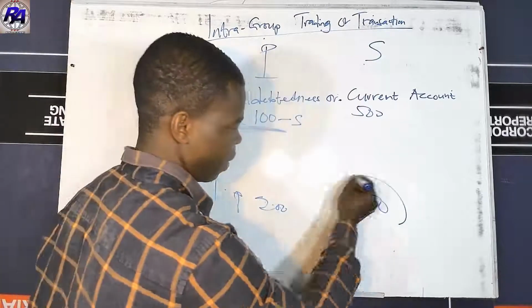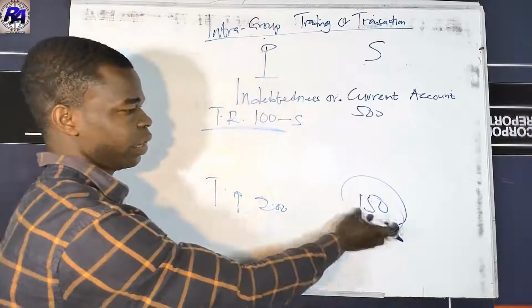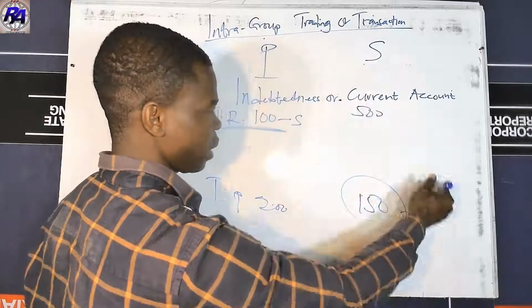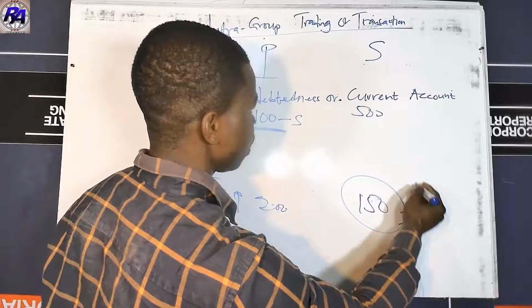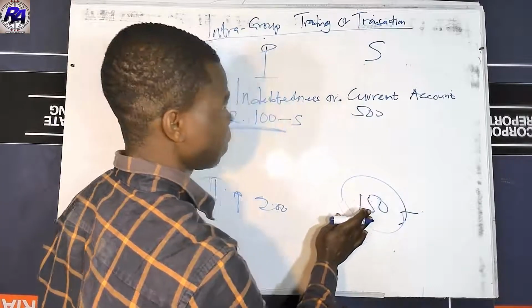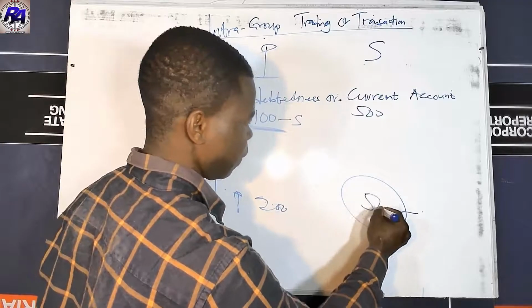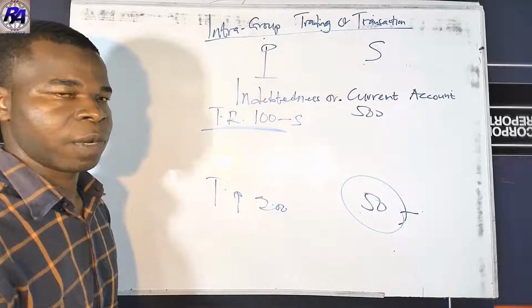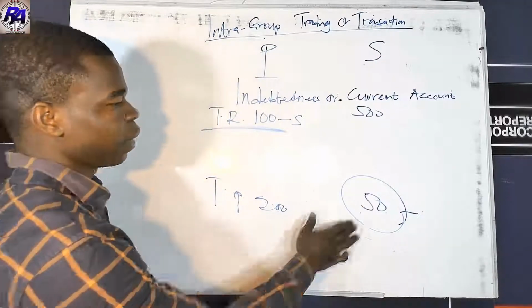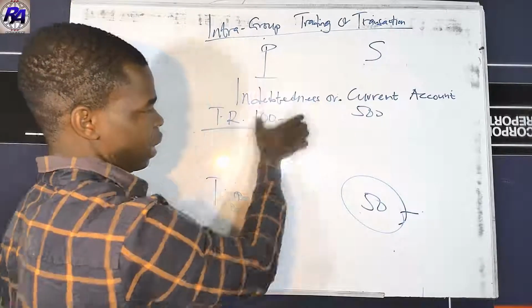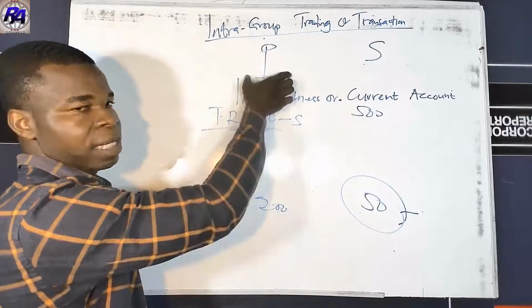And when we come here, we are supposed to see the same 100 over here, because this is the amount X is owing to P. So let's make this amount 50 over here, not 150. Now, X is owing P and it has been reflected in the separate financial statement for the parent.